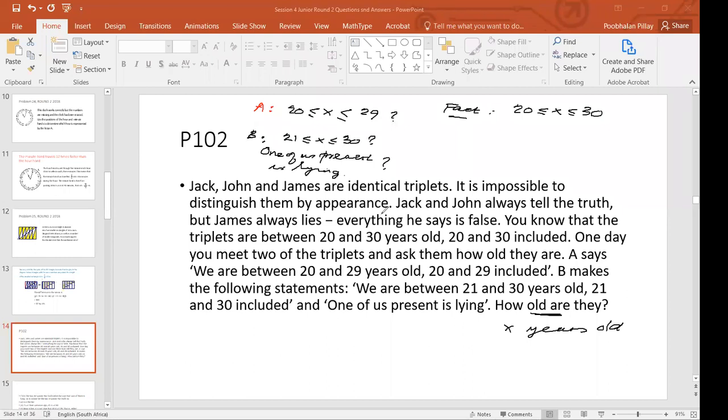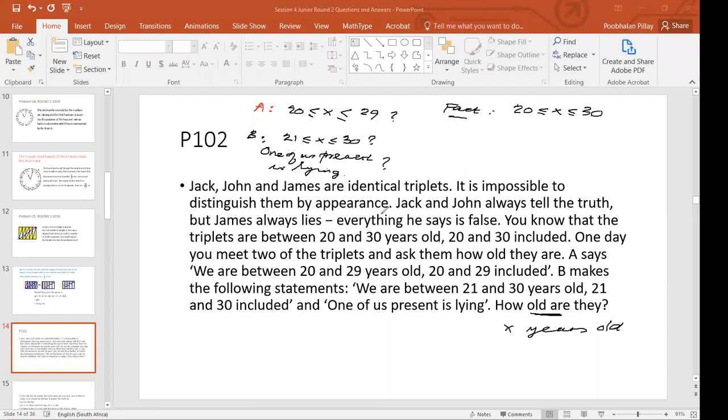So you say B is lying. Yes. Tell me why? I think he's lying because the reasoning that someone was lying only came up after he stated how old they might be.